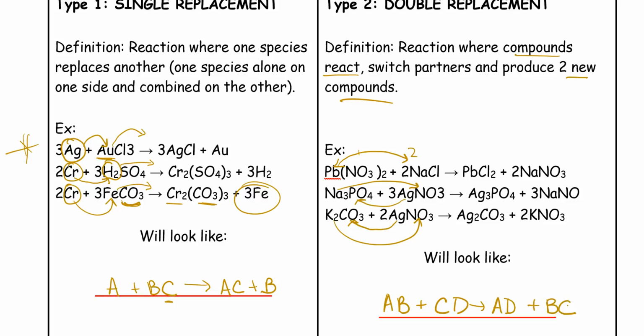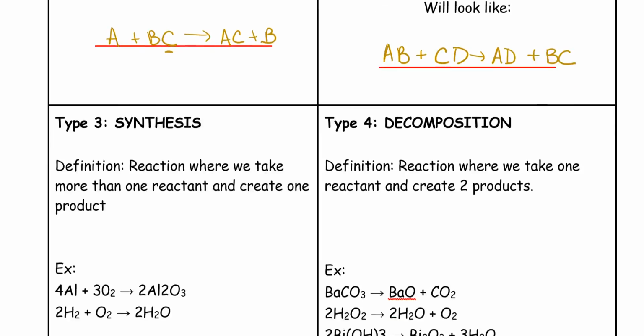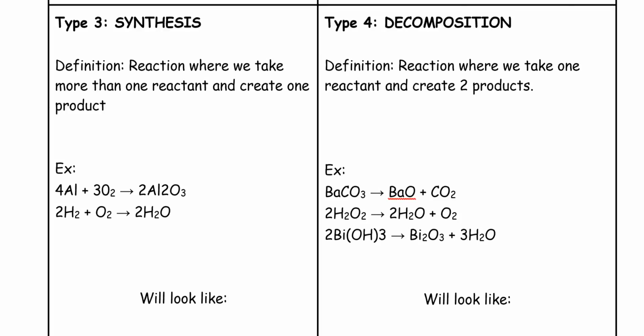Now, the third type of chemical reaction that we need to memorize and be able to recognize is something called synthesis. Well, as you know, synthesis is to make something, or synthesize. So in this reaction, we are going to take more than one reactant and create one product.